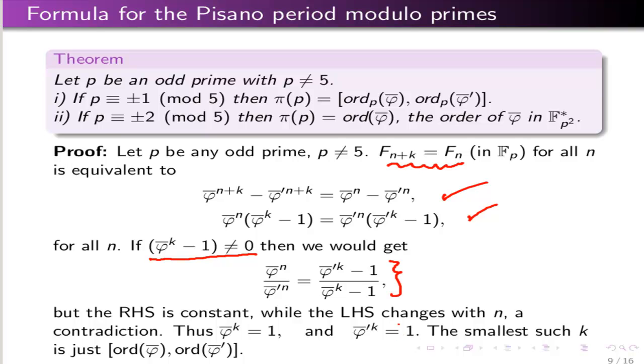So to be periodic with a period k right here, we need these two conditions to hold, and the smallest value of k satisfying that would just be the least common multiple of the order of phi bar and the order of phi prime bar. So we're brought back to studying orders of elements in a finite field, which is a cyclic group. The set of non-zero elements is a cyclic group.